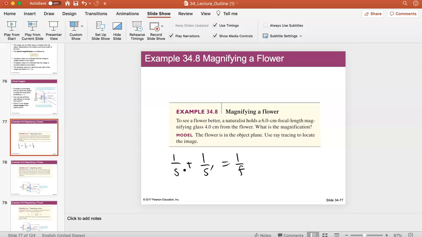So s is 4 centimeters, so we have 1 over 4 plus 1 over s prime is 1 over 6. That's the focal length. So let's solve for s prime. We're going to find that 1 over s prime is 1 over 6 minus 1 over 4. That's 2 over 12 minus 3 over 12, so that's minus 1 over 12.